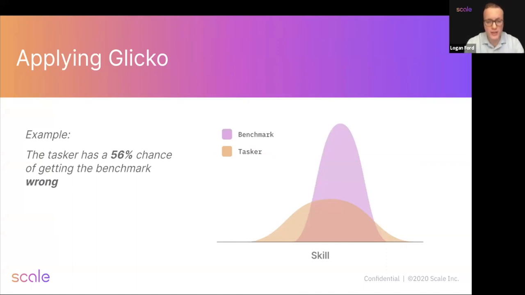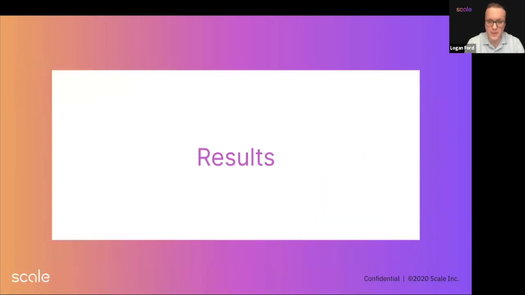And so you get pretty clear definitions of the difficulty of different benchmarks, which actually allows us, over time, to update our tasker performances much more quickly. Since we're so confident in one side of the equation, that gives us more information on the tasker performance or tasker skill given the performance on a certain matchup.